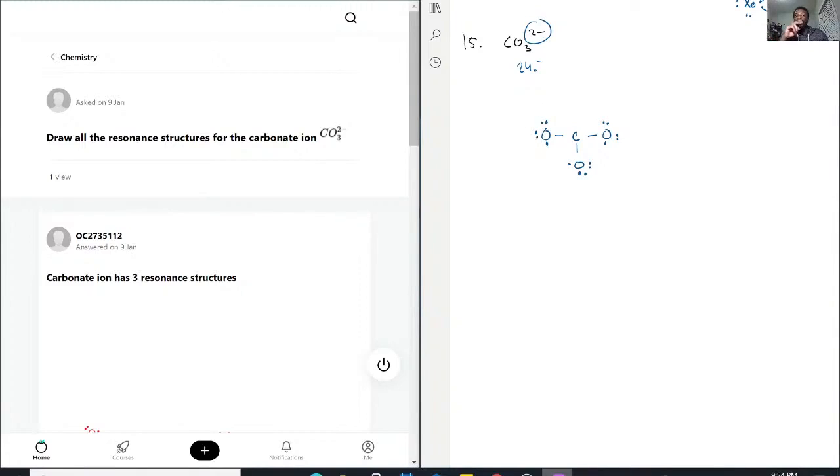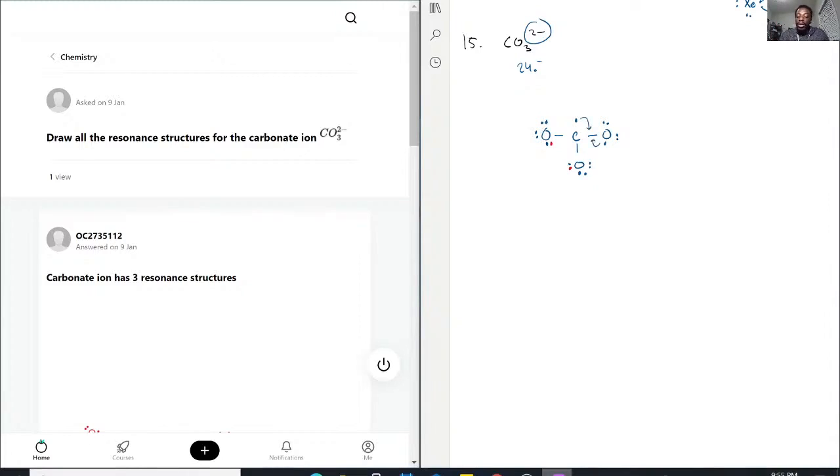Carbon right now is sharing 3 of its 4, so we need a 4th one right there. Now I'm going to add the 2 extra electrons, one right here and one right there, just to fill in those 2 octets. And now for the last one, I'm actually just going to create a double bond here.